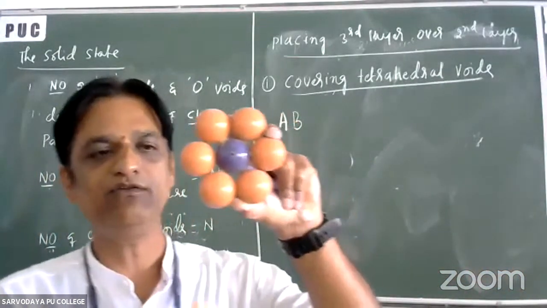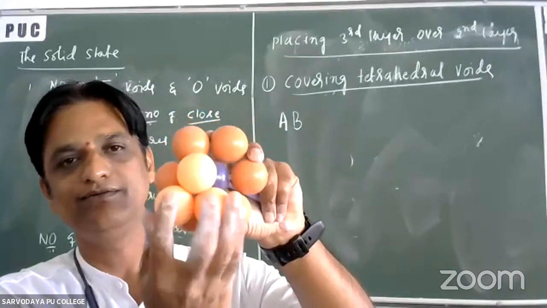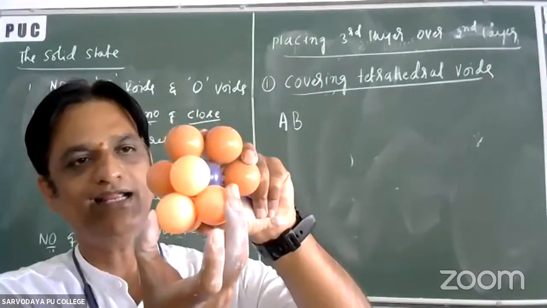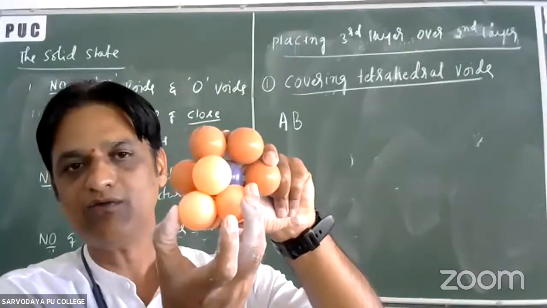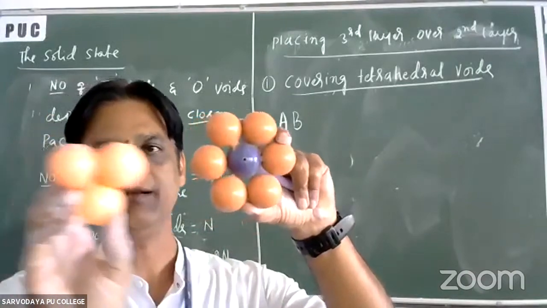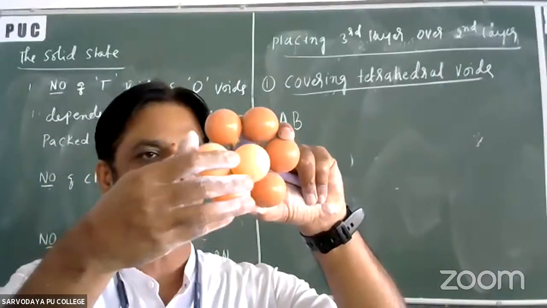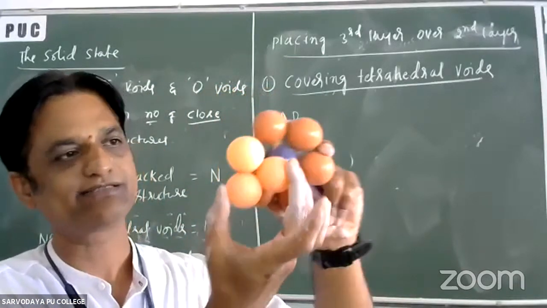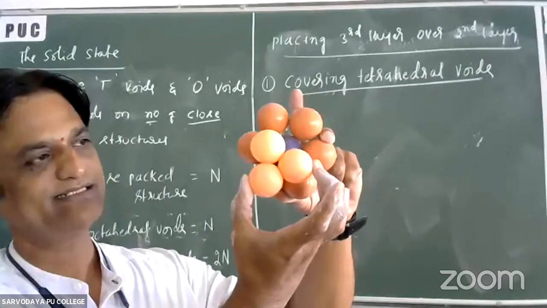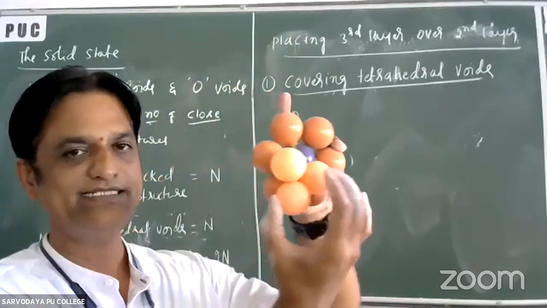How will an octahedral void be generated? See, an octahedral void will be generated when the triangular void of the first layer is occupied by the triangular void of the second layer. This is the second layer. It also has a triangular void. So when the triangular void exactly occupies the triangular void of the first layer, like this, an octahedral void will be generated.